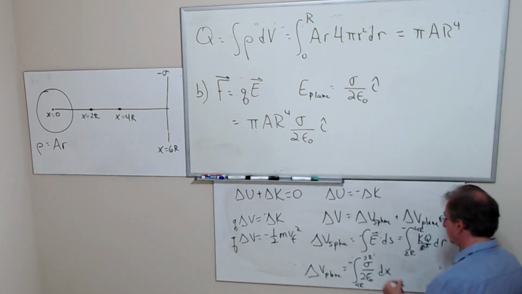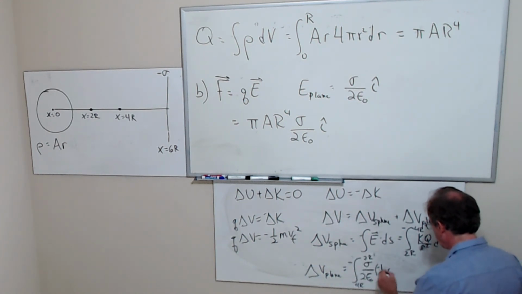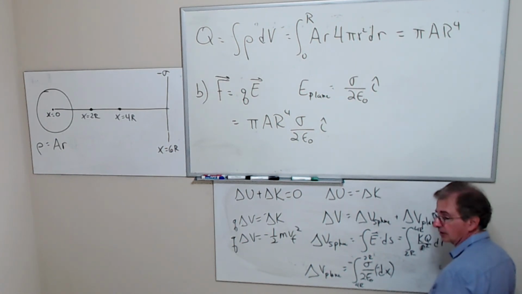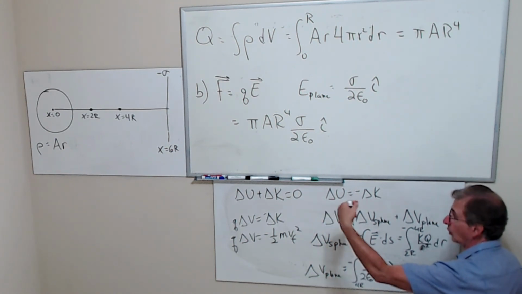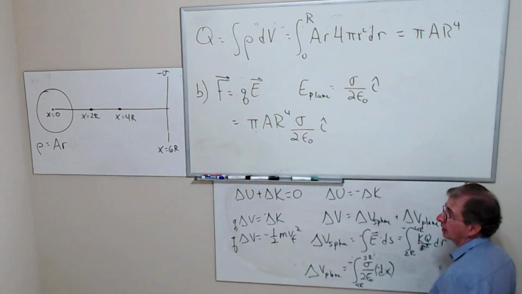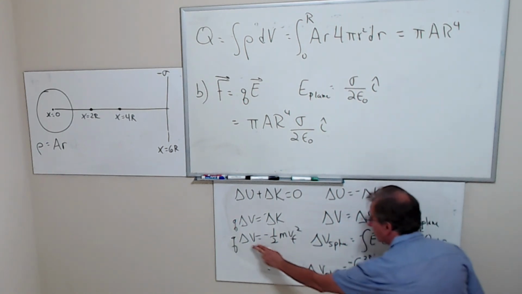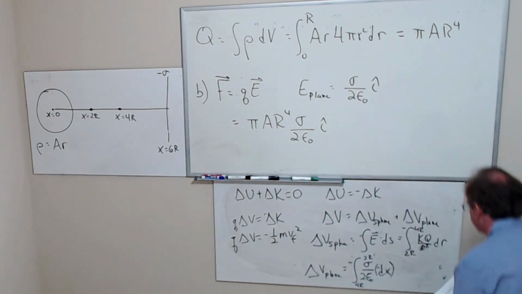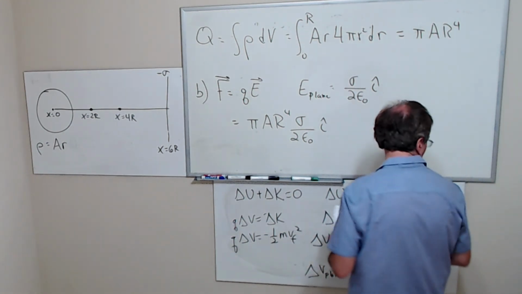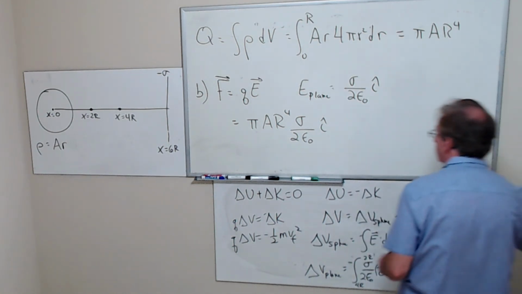We're going this way, our dx is getting smaller, so actually my dx is negative, so I actually have to put a minus sign there. You have to realize that if you're going in that direction, the potential has to decrease. So these two combined go in here. So let me erase this.